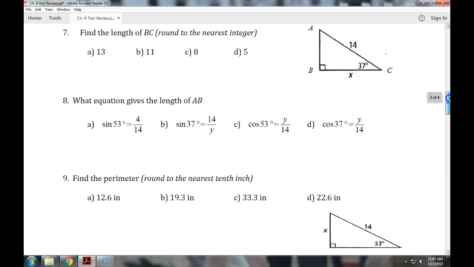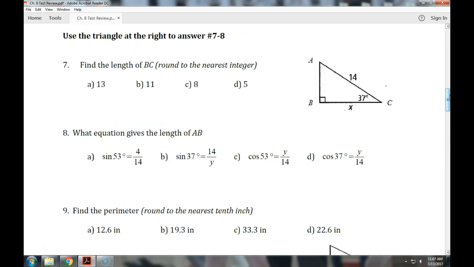So moving right down, use the triangle at the right for 7 and 8. Find the length of BC. So again, I look at the triangle first to see what type it is. It is a right triangle. So I know I can still use SOHCAHTOA. There's no need for the law of sines or the law of cosines yet. So BC is X. I'm going to stand on the angle that they give me.